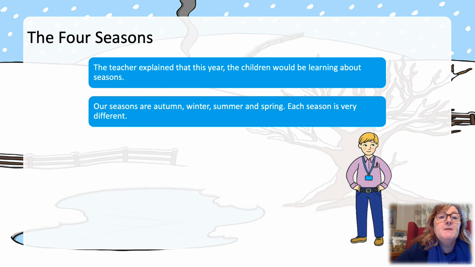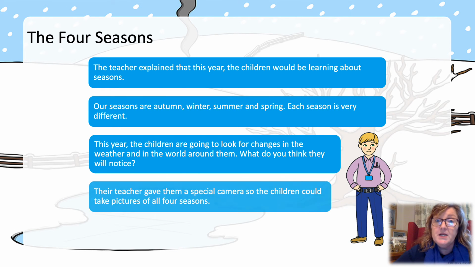The teacher explained that this year the children would be learning about seasons. Our seasons are autumn, winter, summer and spring. You knew that, didn't you? Each season is very different. This year the children are going to look for changes in the weather and in the world around them.